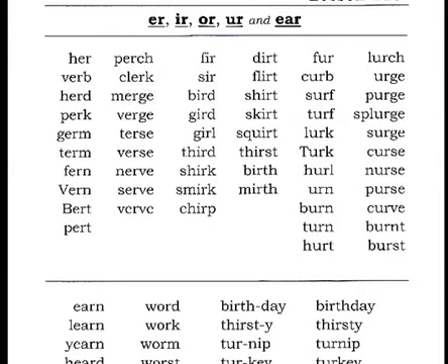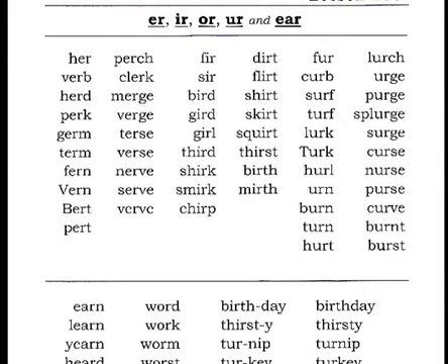For example, the ER spelling you will find in such words as her, perk, germ, term, verse, serve. The IR spelling you will find in such words as sir, bird, third, chirp, dirt, shirt, birth, thirst.